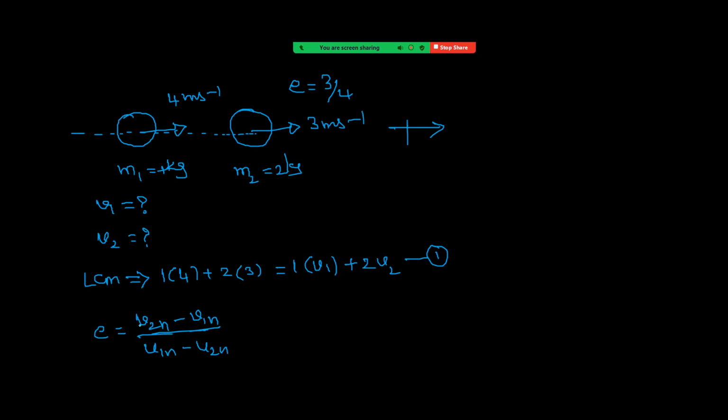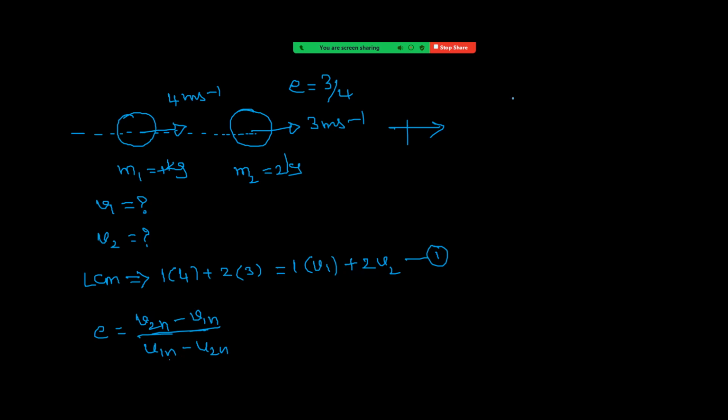See carefully: V2n is the velocity of the second body after collision along the common normal direction. This n stands for common normal. In the same way, V1n is the velocity of the first body after collision along the common normal. This is giving us the velocity of separation. And here, actually, we have to take U2n minus U1n, but we are focusing only on the modulus value.